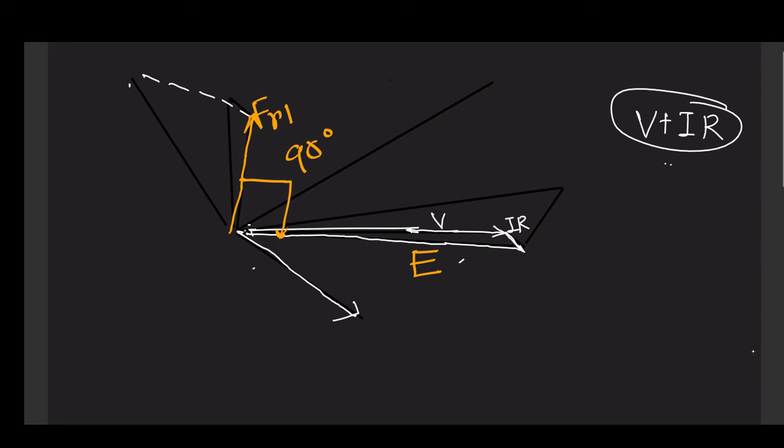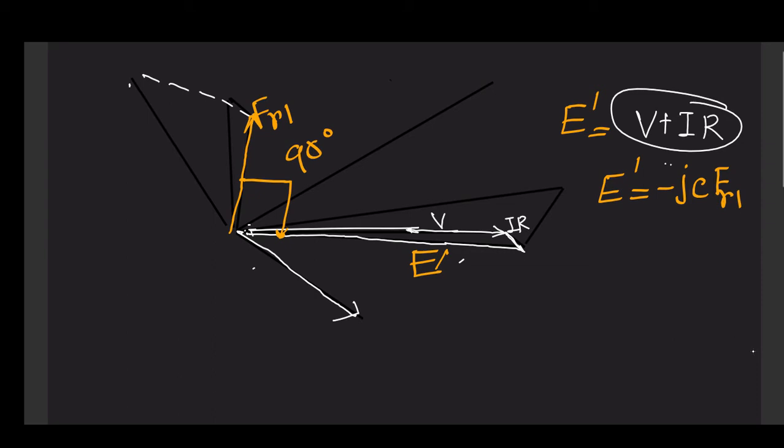So E dash is equal to V plus IR, and also you can write E dash equal to minus jC FR1, where C is the proportionality constant between your field and your voltage.